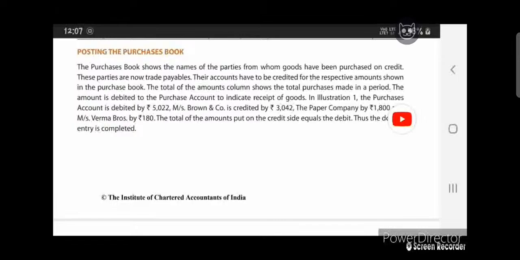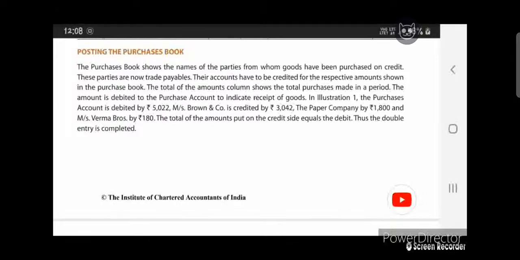In the next question, the paper company is credited 1,800, and Mr. Once Pros 180. The total of the amount put on the credit side should be equal to the debit side. There should be no difference in that. Thus the double entry is completed.